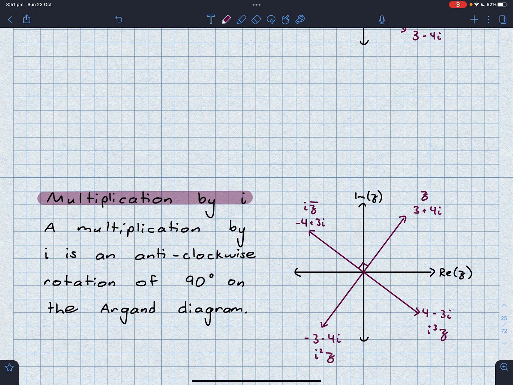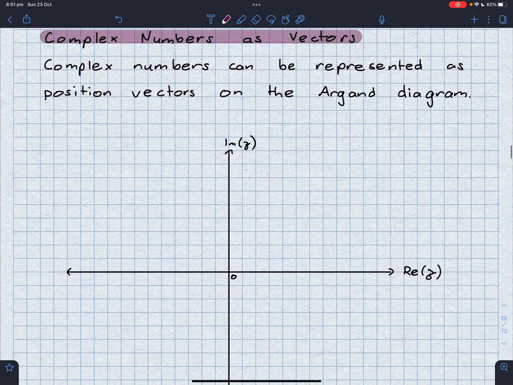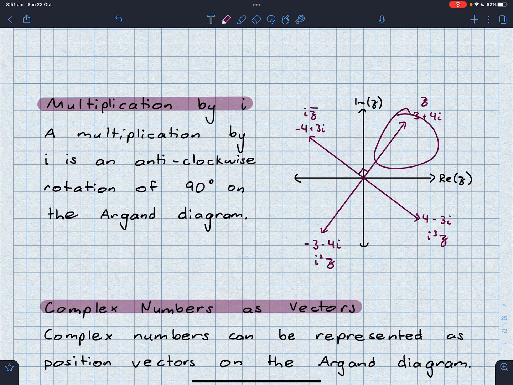Okay, when we talk about complex numbers on the Argand diagram, we often talk about them as vectors. So that's what I've been drawing here, my arrow, which is a representation of that complex number as a vector from the origin.